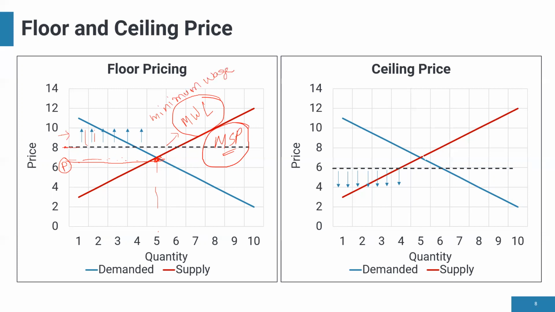That means in rural areas, the minimum wage rate is set by the government, so that those who are living in rural areas should not be exploited by some very large farmers who would pay them very little wage. Instead, they fix this price so that workers get at least this amount of money as a wage rate. So that's why this is known as floor pricing.